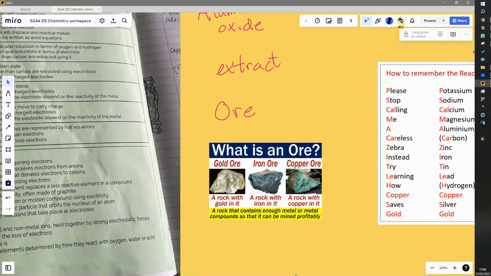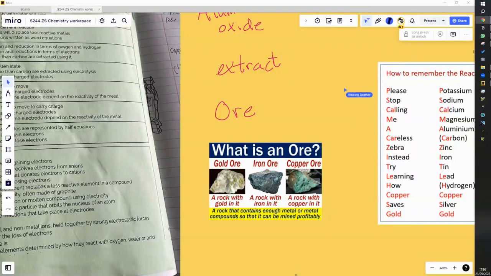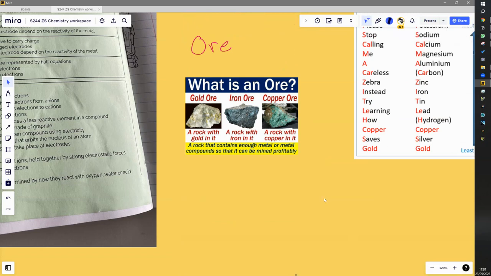In other words, you can actually mine it, and it's not going to be a waste of time. So I wanted to get aluminium ore if I could. Let me type in aluminium ore, which is called bauxite, if I remember rightly. I think you can get different types of bauxite, but this is an example of bauxite here that I'm about to get.